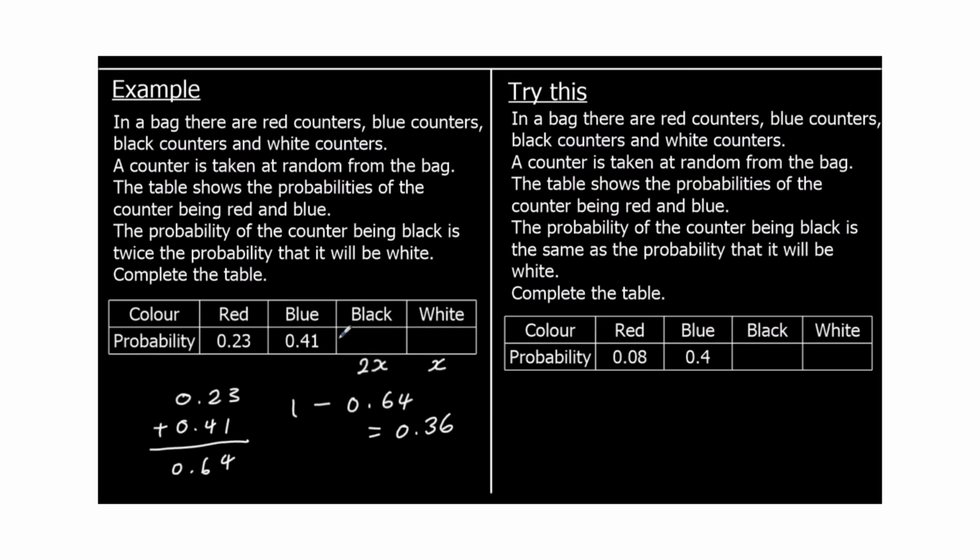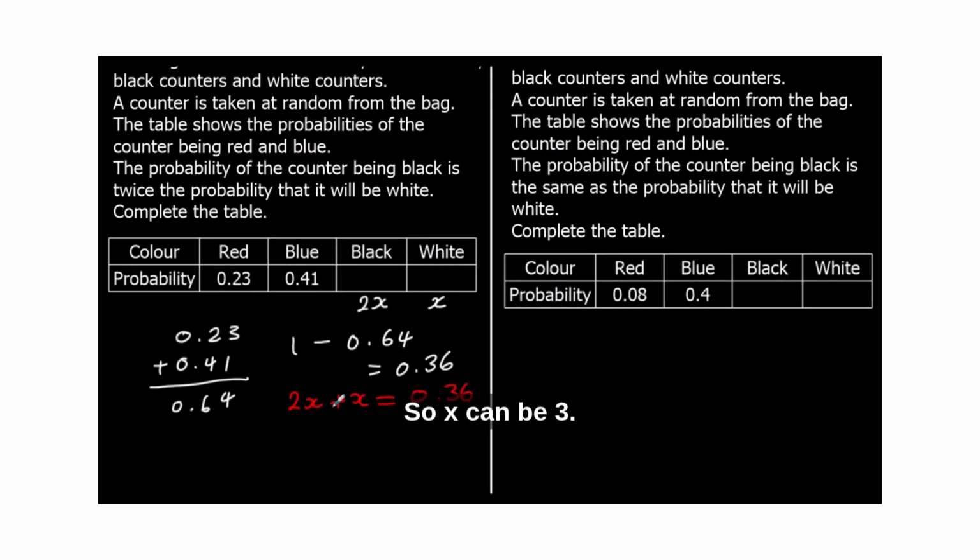So we know we've got 2 missing probabilities, 2x and x. So I'm going to say 2x and x equal 0.36. So this one's double this one, so we've called them x and 2x. So that means we've got 3x is equal to 0.36.